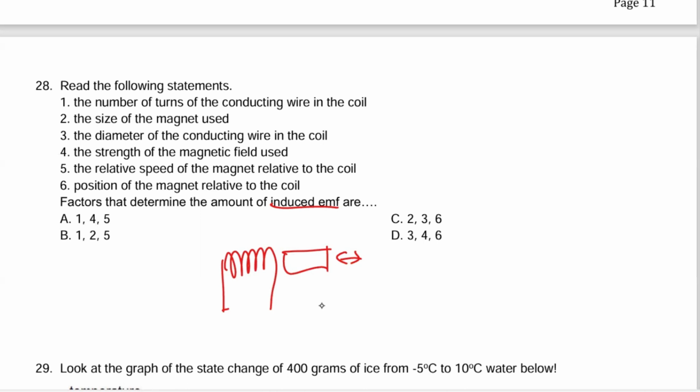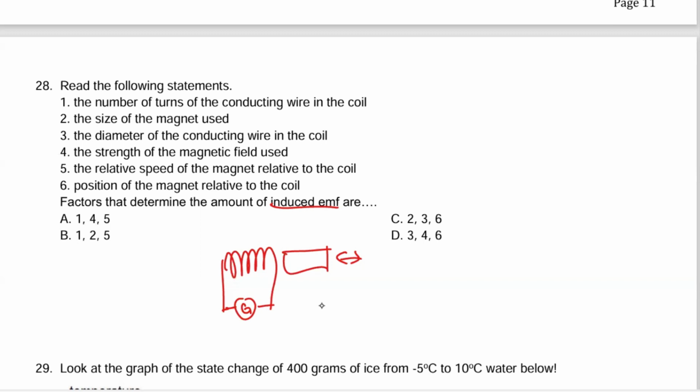If you move it faster, of course the induced electricity will be bigger. And if you change the magnet's polarity, the direction of the current will also change to the opposite. Usually we check it using a galvanometer. This galvanometer has a needle that can go to the right and also to the left, right? So now let us check.